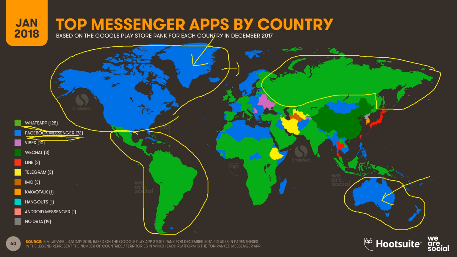For the remaining areas, most likely they use WhatsApp, because their infrastructure is not as good as you think, and they want the minimum data or minimum information to exchange with each other.